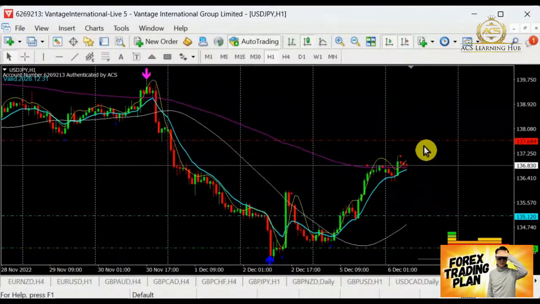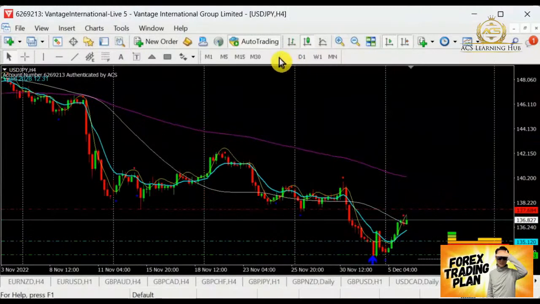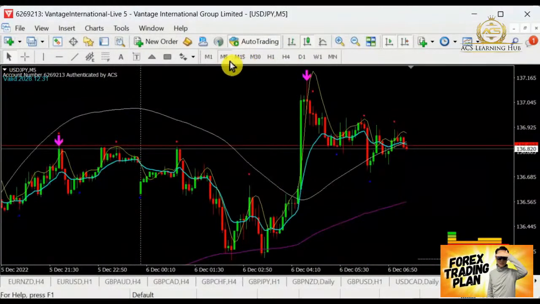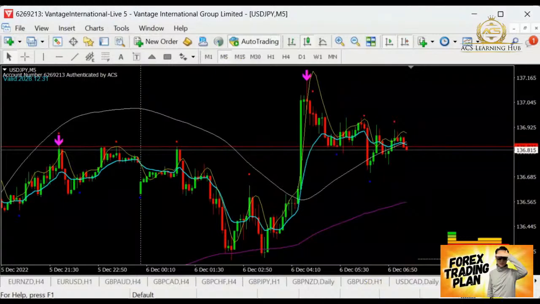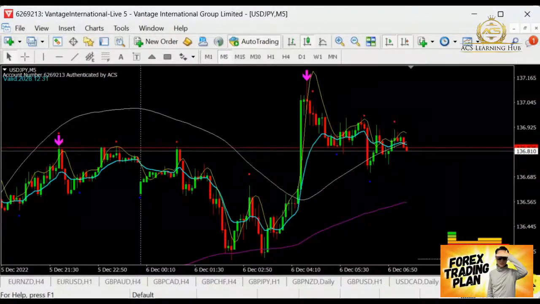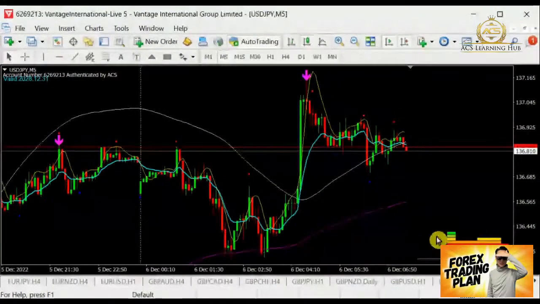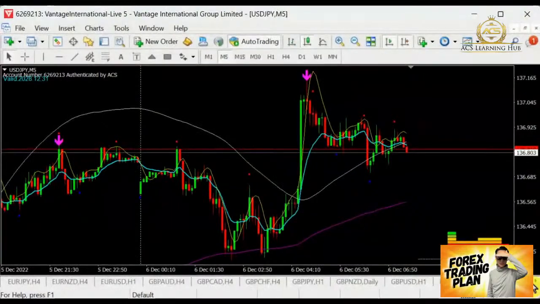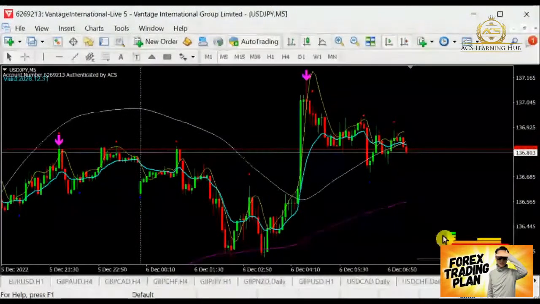If there's a chance to hit this resistance, then you will have a chance for selling. Let's leave this dollar yen out as well because it's going for a buy. Tentatively it's looking out for support to go for a buy. So let's leave this out first and see.